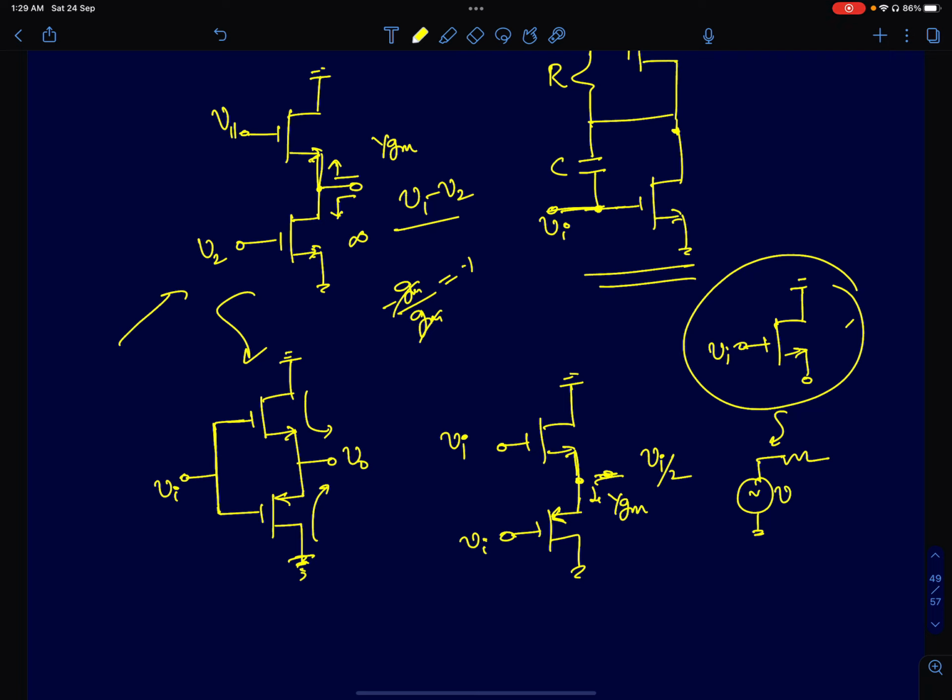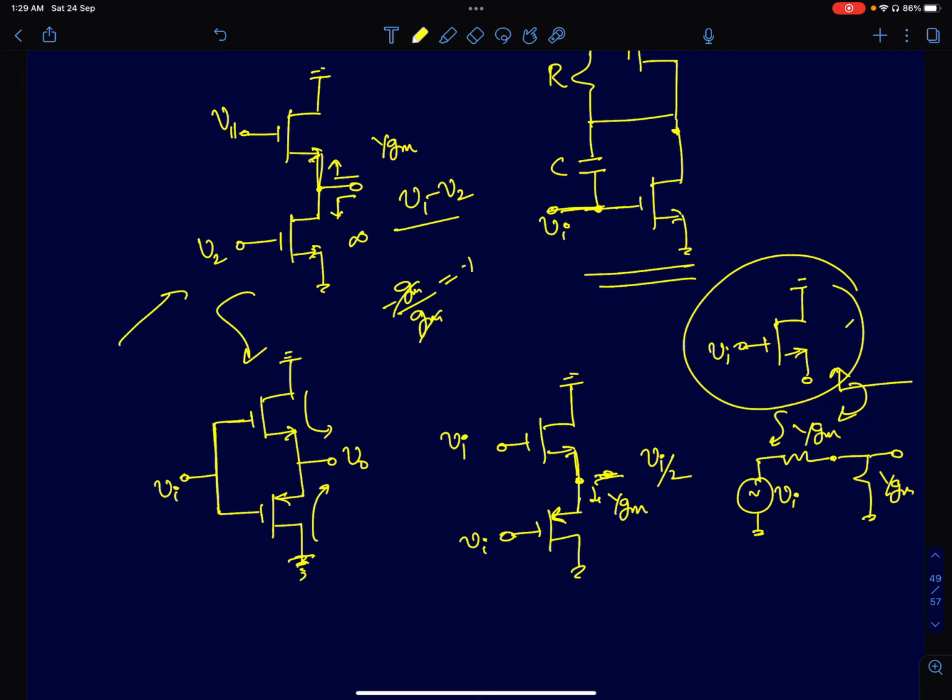The Thevenin equivalent is Vi as it is, and the Thevenin impedance is 1 by GM. So it behaves like an impedance transformer. If you look at this node, you can represent a source follower with this voltage and resistor model. And if you connect a load resistance of value 1 by GM, then you get a gain of half. So that's what I was trying to say.